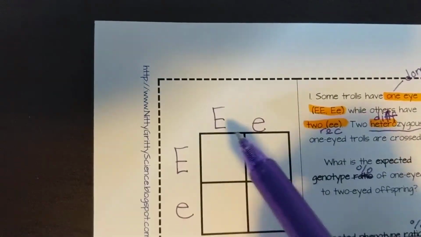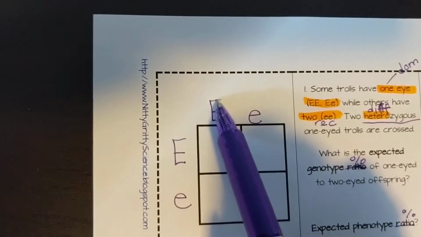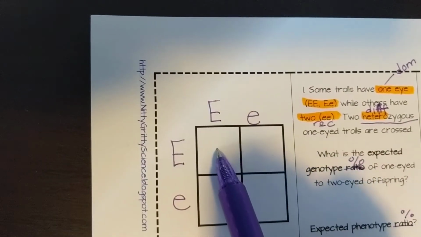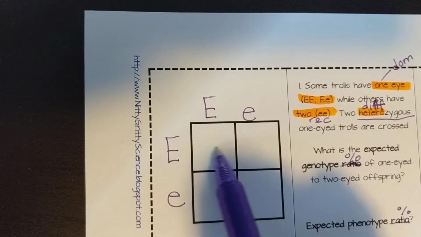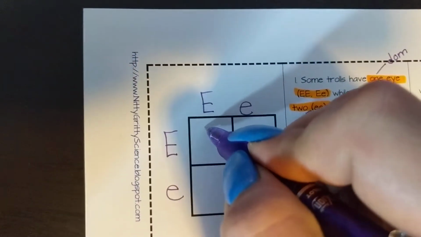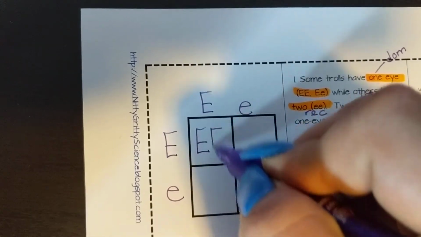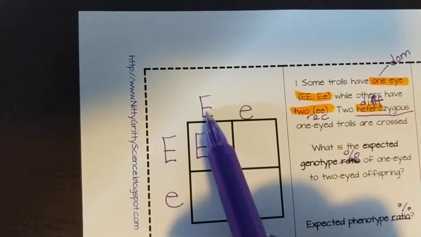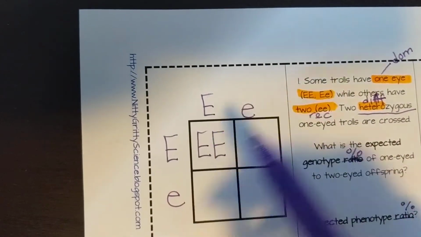So we're going to go to our Punnett square, and as you saw in the video, all you're going to do is drop whatever's at the top and bring over whatever's on the side into the square, and they meet. So this one would be capital E, capital E. I bring this E down and this E over.